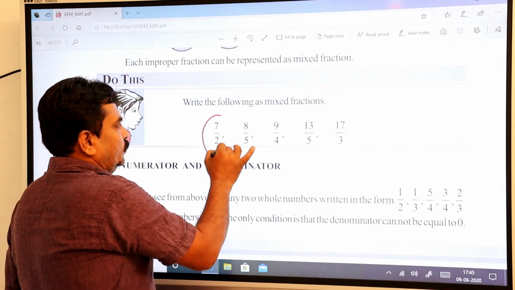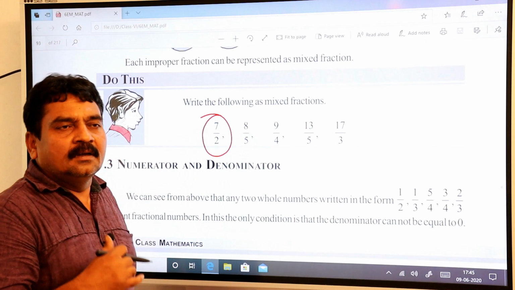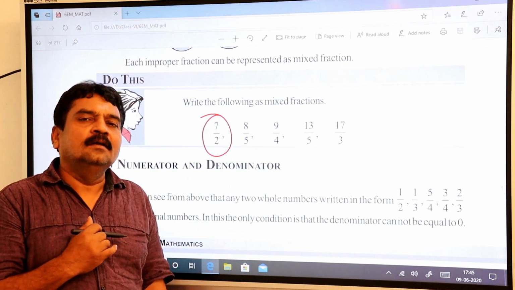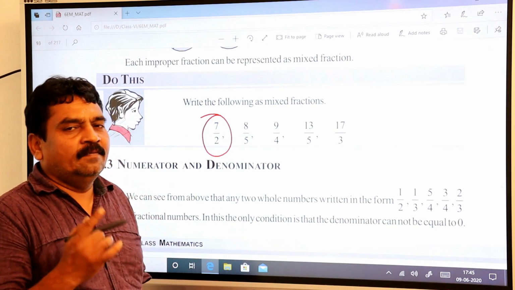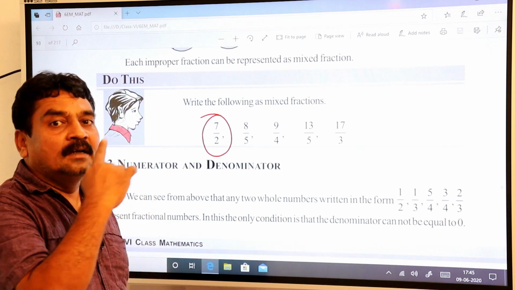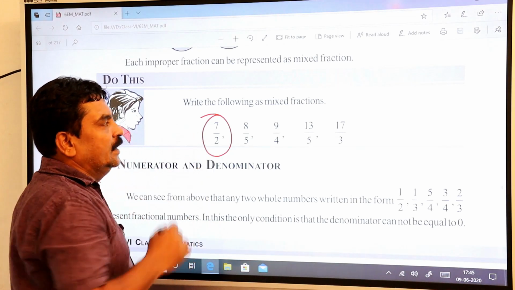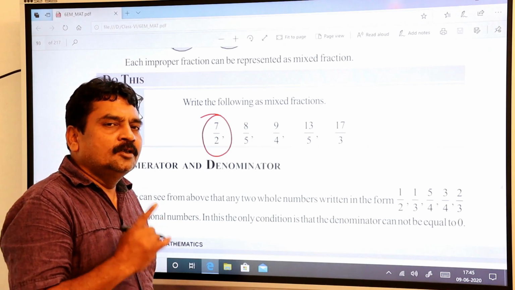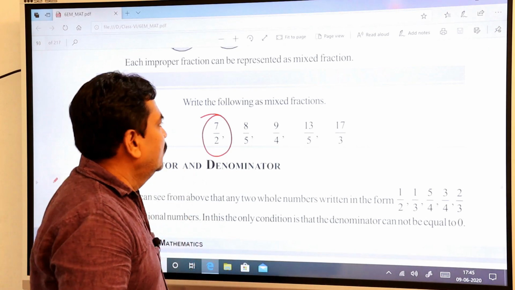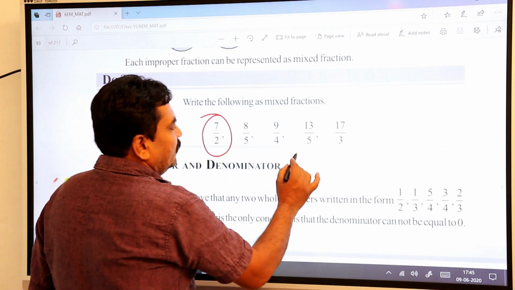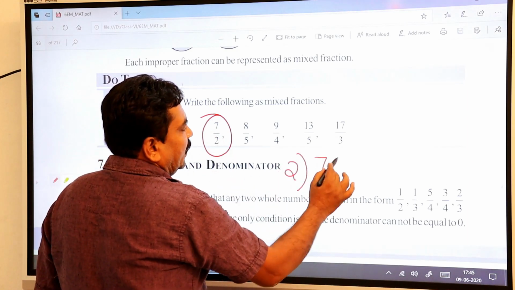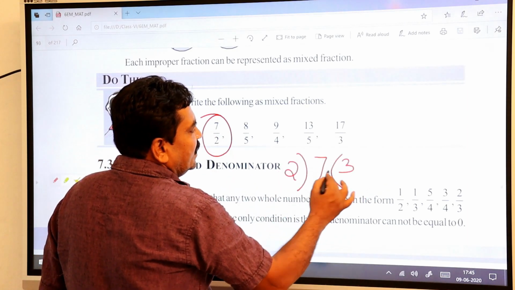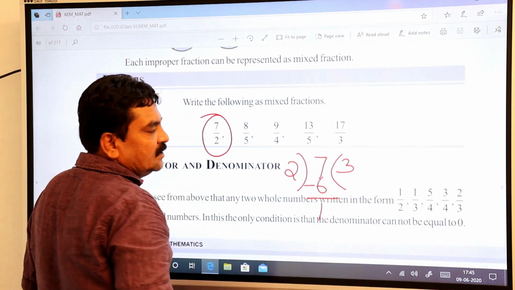7 by 2. Is this an improper fraction or a proper fraction? Of course it is an improper fraction. Why? The numerator is greater than the denominator. So it is possible to get the mixed fraction. You divide 7 by 2. 2 threes are 6. Remainder is 1.